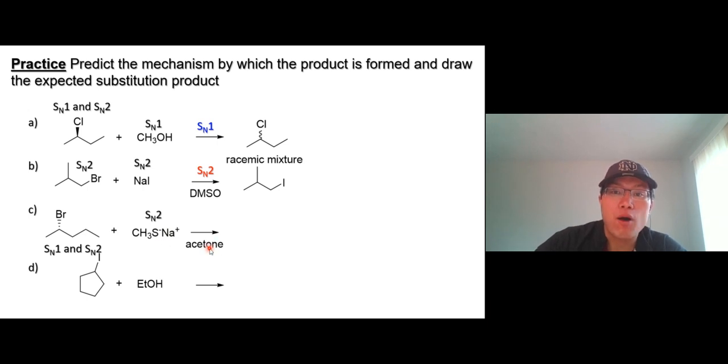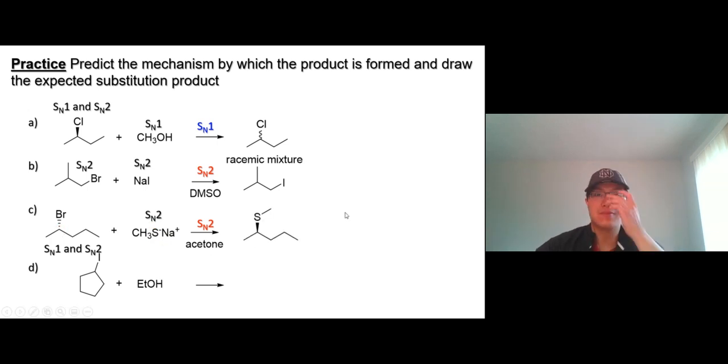Acetone, a type of polar aprotic solvent, will leave the nucleophile alone, so good for SN2. Totally go SN2. If this guy were to go SN2, what product would you get? Inversion of configuration, so sulfide will attack that carbon, backside attack. Get that? All right.